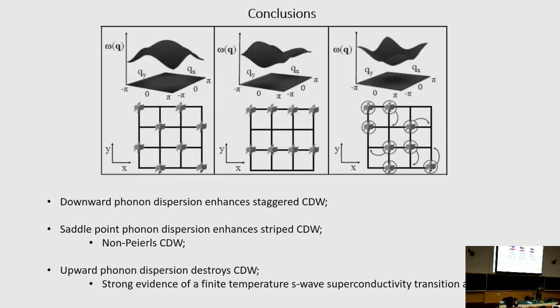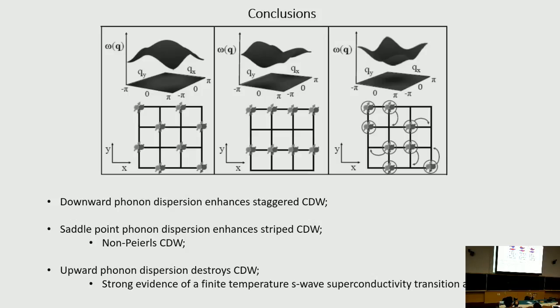So summarizing this first part of the talk, when you have this kind of dispersion, a downward dispersion, you enhance charge ordering, you enhance charge density wave. When you have a saddle point, you can lead to non-Peierls-like charge density wave.